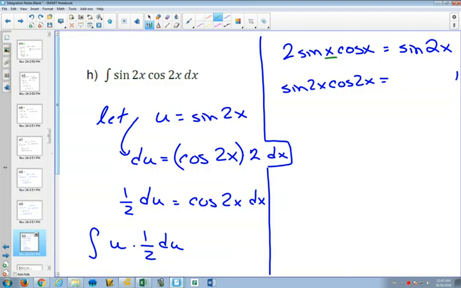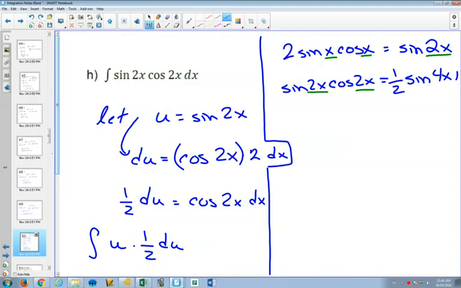Well, can you see when you have this and this, you have double it there? So if I have this and this, I'm going to have a sine 4x. But what am I missing out front? I'm missing a 2. So if I divide that by 2, it'll match up.